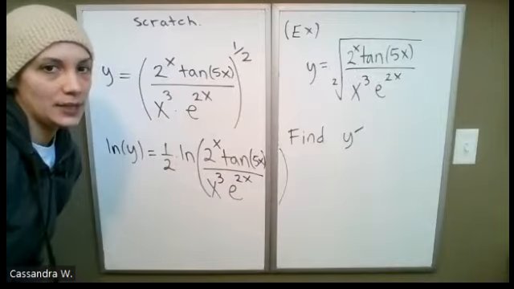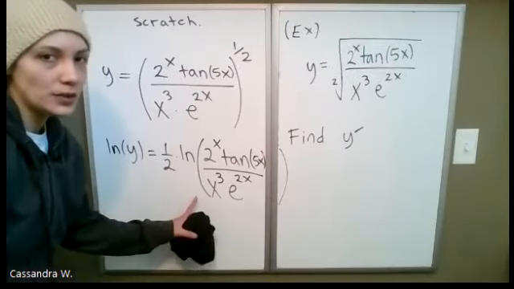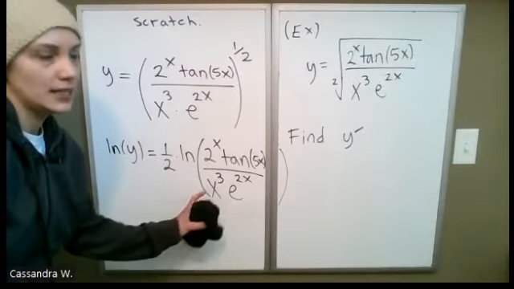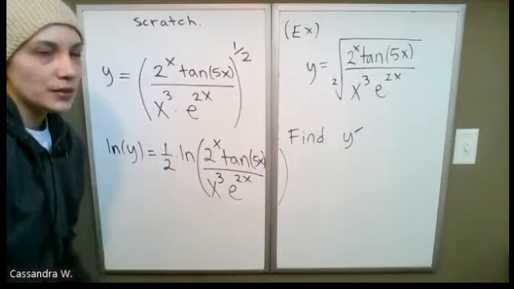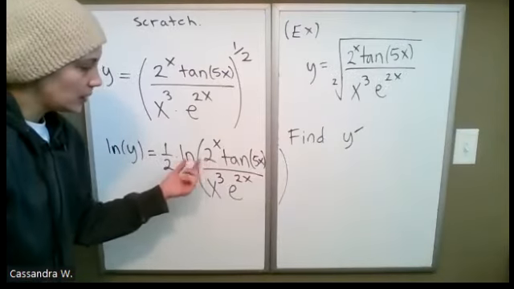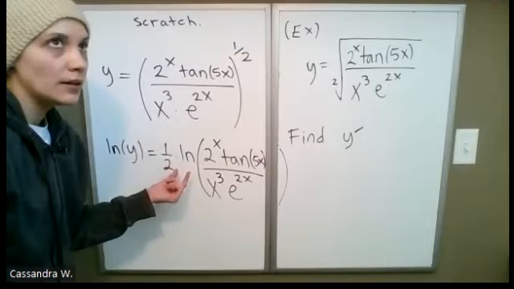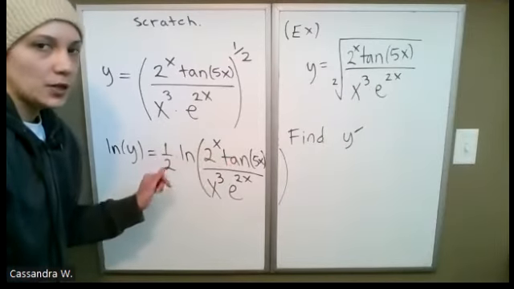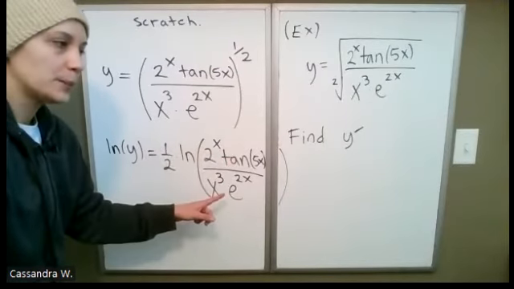Okay, and then we're going to keep on working with log rules on this side before we do any differentiation. So the first log rule I want to use is for this division right here. We'll take the log of what's in the numerator and subtract the log of what's in the denominator.